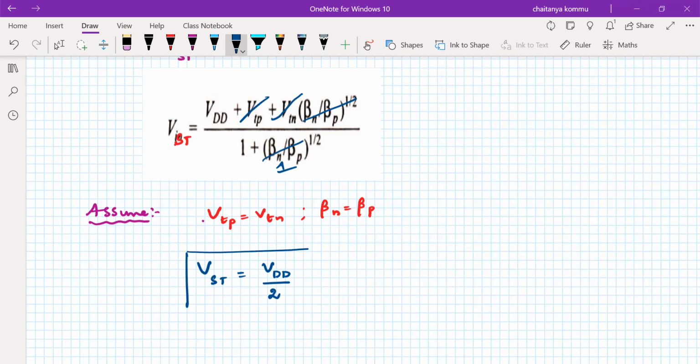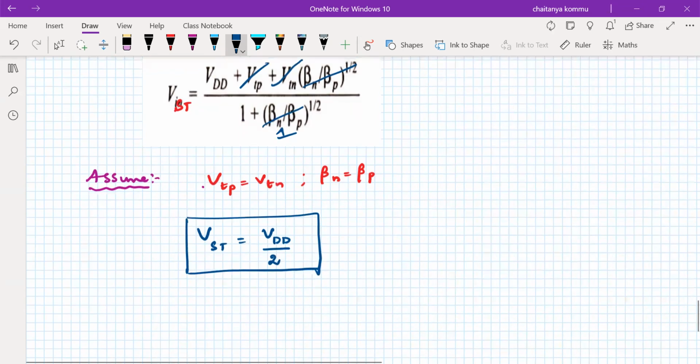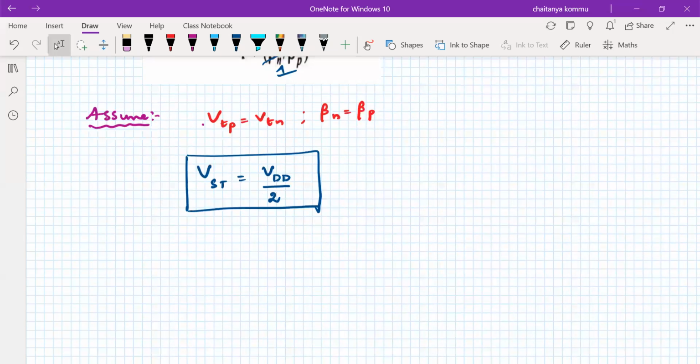So that means the input voltage is VDD divided by 2, exactly half of the maximum power supply. You can find that the maximum amount of current will flow, at which the input voltage is equal to the output voltage.